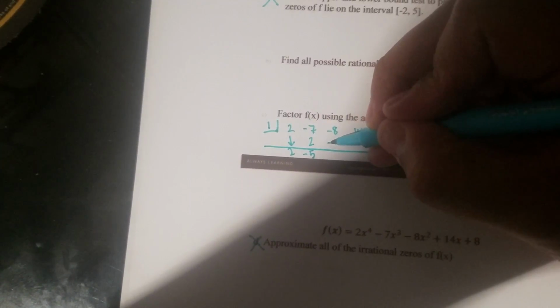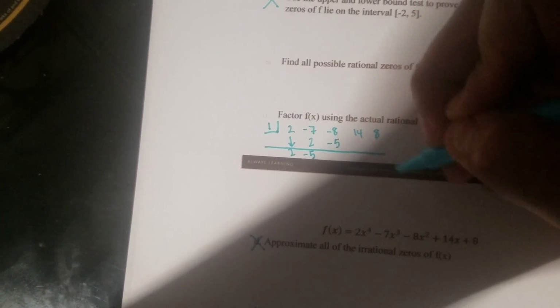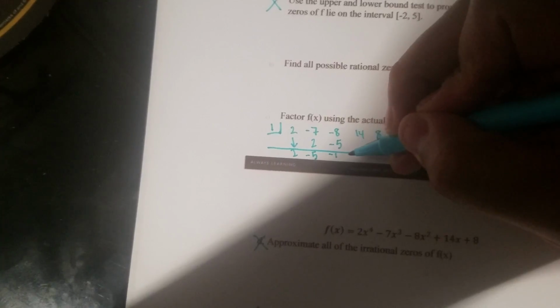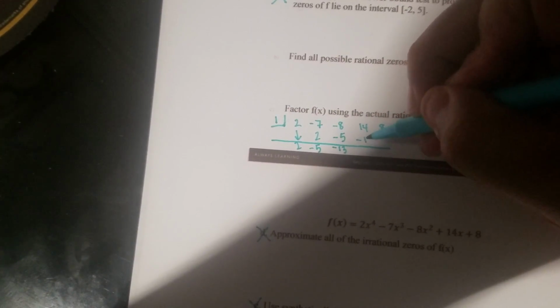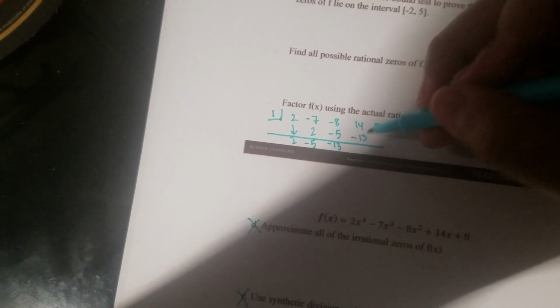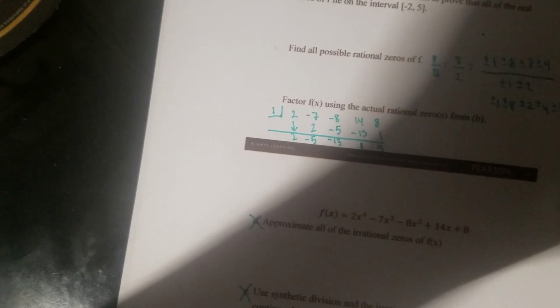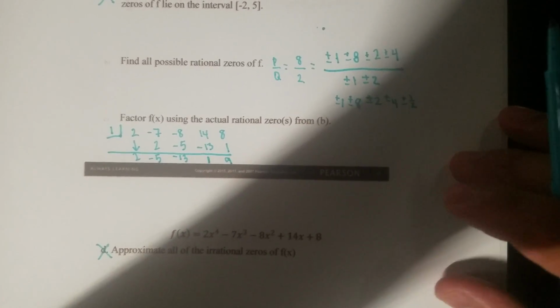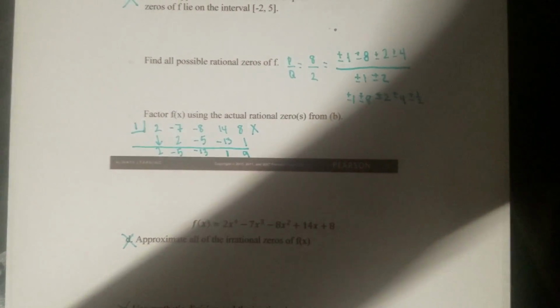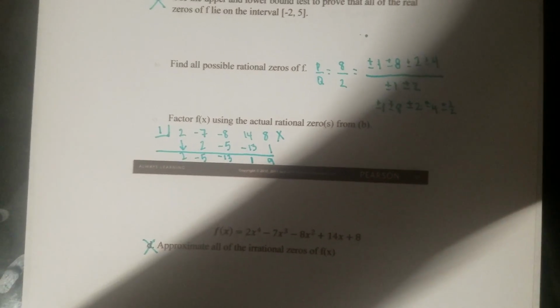Negative 5 times 1 is negative 5. Negative 8 minus 5, negative 13. Negative 13 times 1 is negative 13. 14 minus 13 is positive 1. 1 times 1 is 1. So here I have a remainder of 9. So this is not a factor. This is not what I'm looking for. And I would have to keep going one by one.